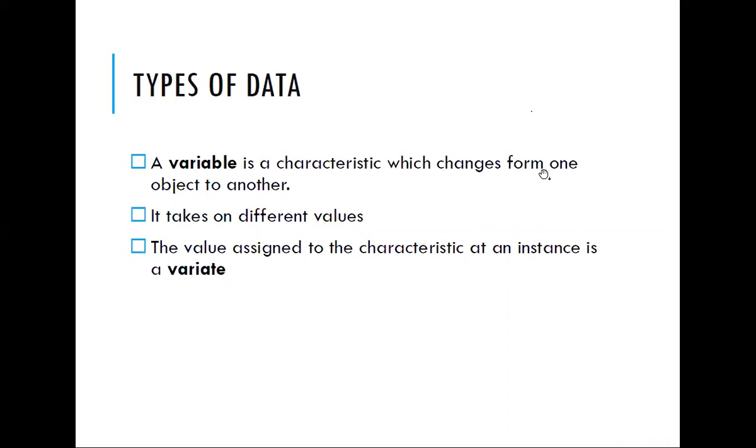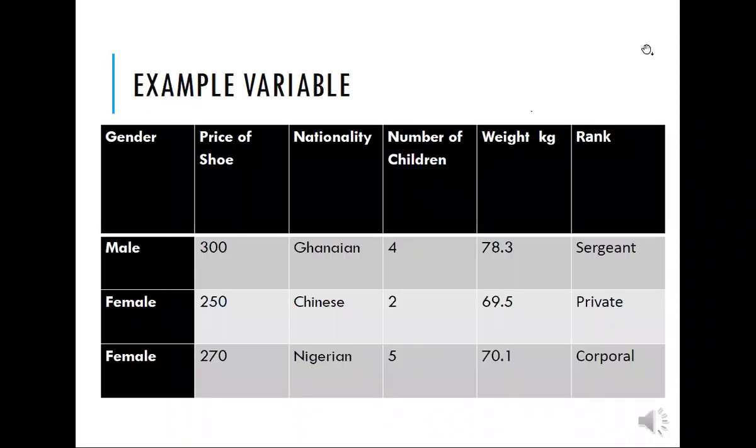Good. Now we have an example here which helps us differentiate the types of data we can have. The variables here are gender, price of shoe. I'm interested in somebody's gender, the price of shoe of the individual, the nationality, the number of children the person has, the weight in kilograms, and then the rank of such an individual.